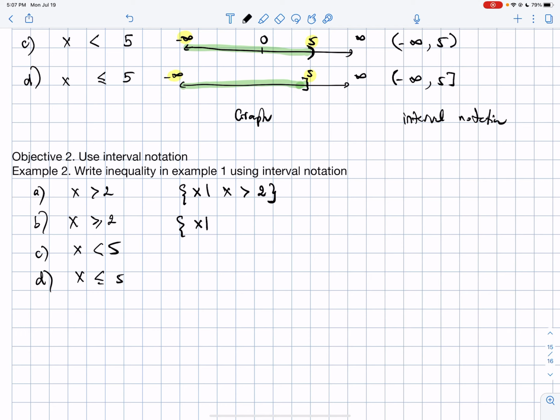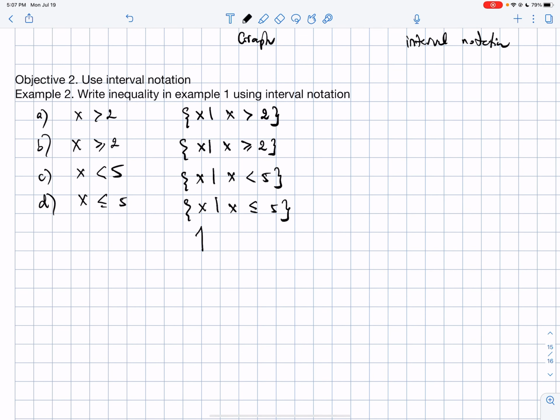Then, all of x, and just copy x greater than or equal to 2. Then x, and the line means such that x is less than 5. And then x, and the line, x less than or equal to 5. Once again, you read this as: x, and this line means such that, and then x less than or equal to 5.